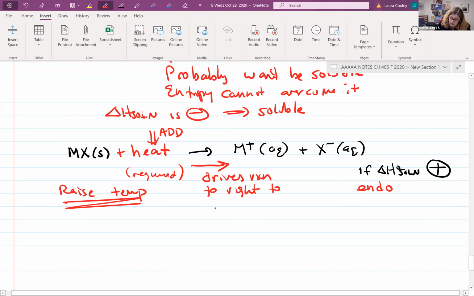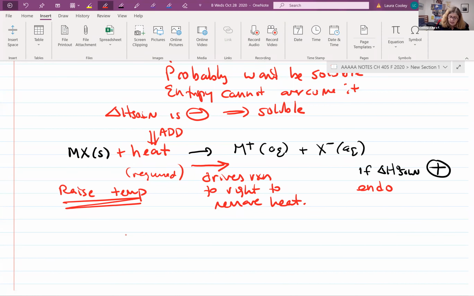So what does that say about a compound that has a positive enthalpy of solution? What is its temperature dependence of the solubility?